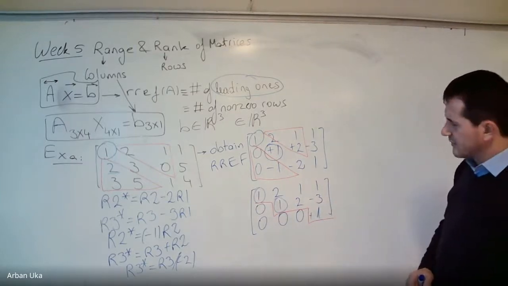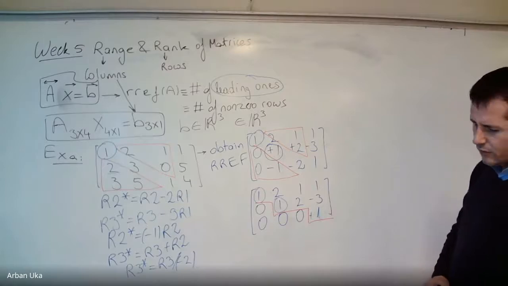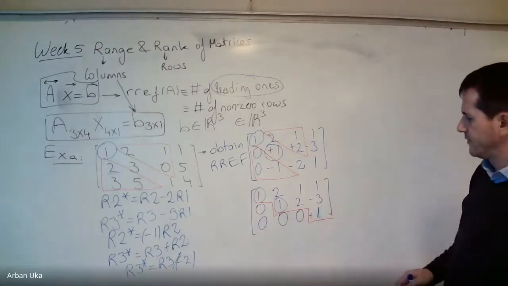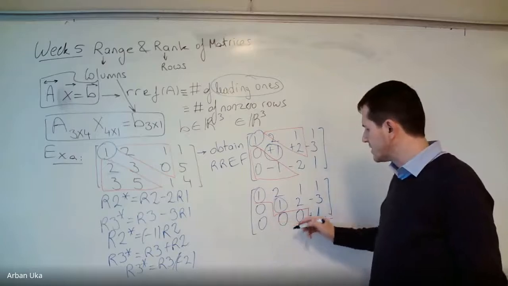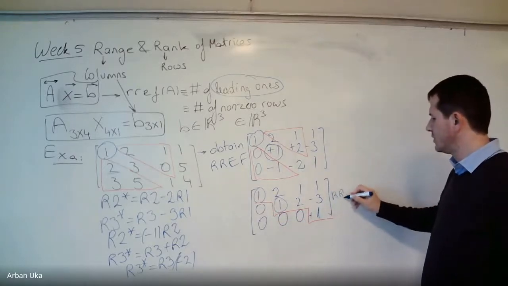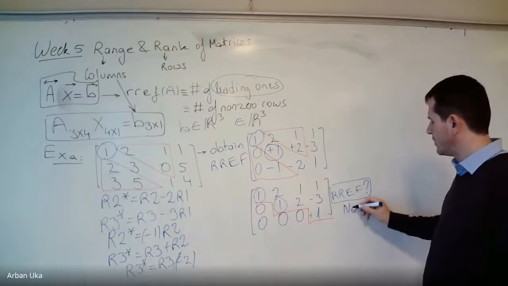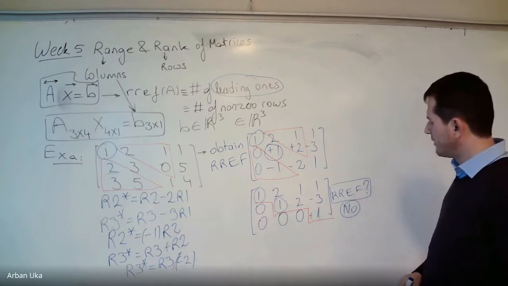Now the question is, is this the reduced row echelon form? No, it's just row echelon form. That's true, this is just row echelon form. Why?